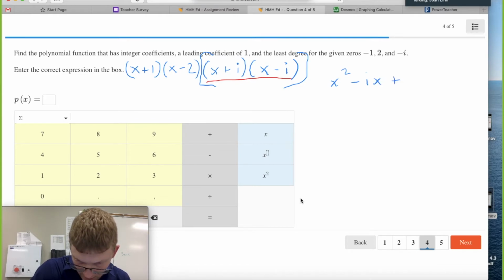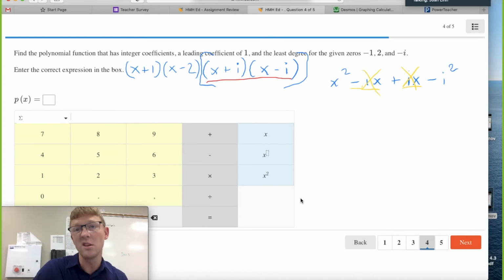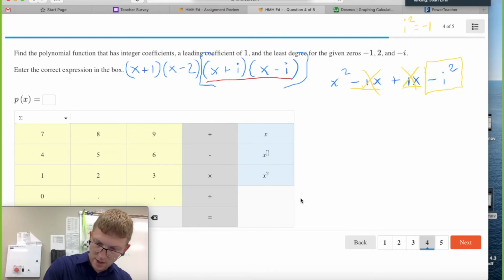So then we're going to our i's plus x plus ix minus i squared. So hey, look. Oh wait, let's use new fun colors. So we've got a negative ix and a positive ix. Bam, gone. We also have a negative i squared. Remember, i squared equals -1. So we have x squared plus 1.